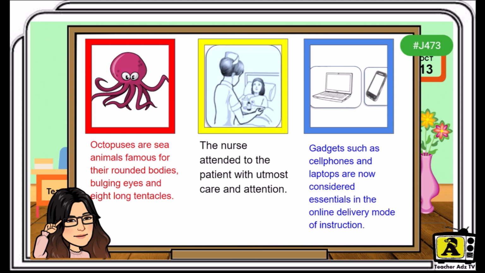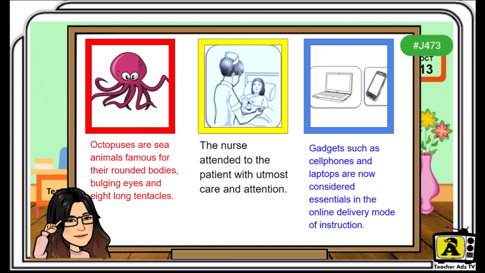Now, I would like you to look at this set of sentences and images. Okay, look at the first one. It says there, octopuses are sea animals famous for their rounded bodies, bulging eyes, and 8 long tentacles. The second picture, the nurse attended to the patient with utmost care and attention.